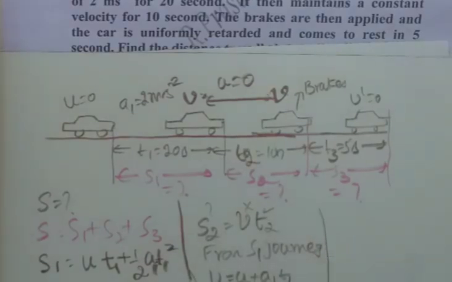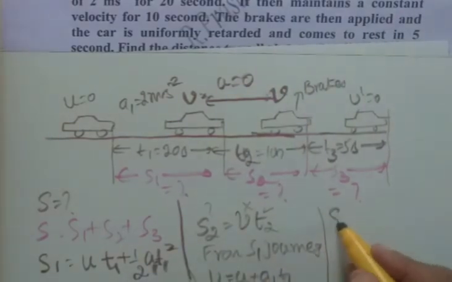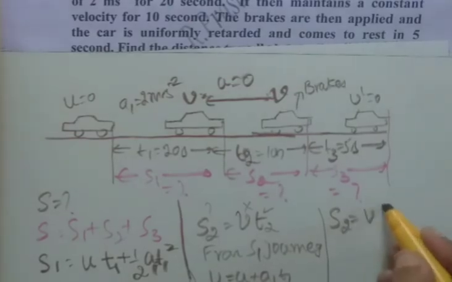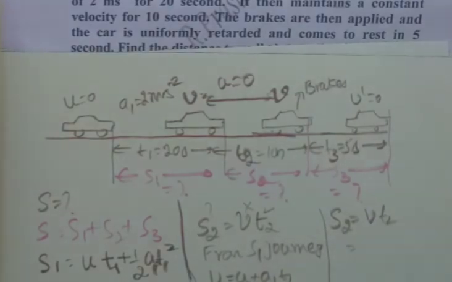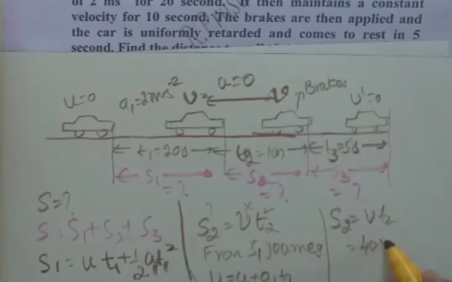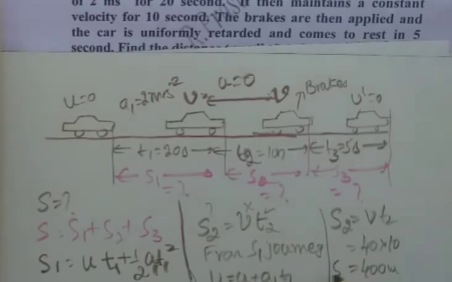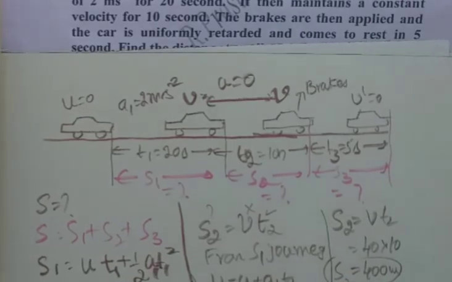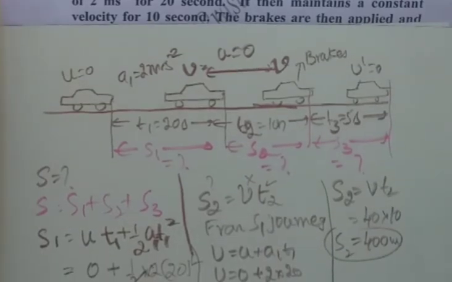V calculated. So once we know V, S2 can be calculated as V into T2. Observe, this is a two-step problem. For S2 calculation, first you have to find V, the final velocity of the S1 journey, and then you calculate S2. So now we are set to calculate S2. V is 40 into T2, the time 10 seconds, so 400 meter. S2 is also 400 meter. We mark them. Here also I mark S1, 400 meter.